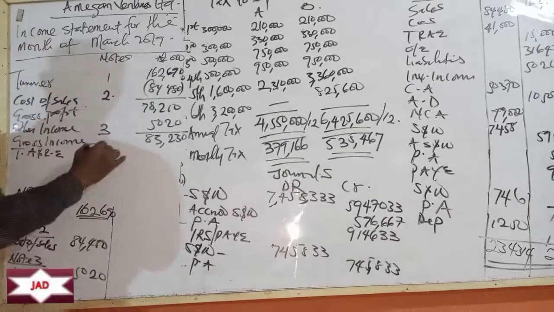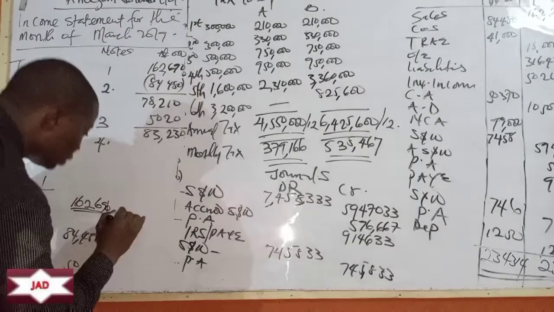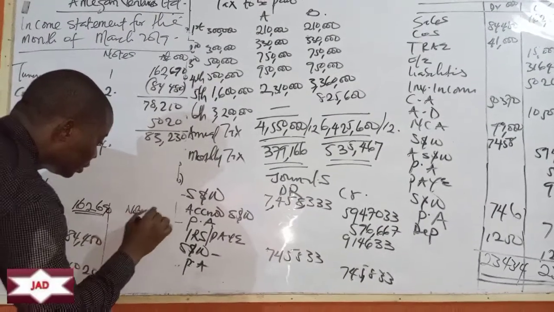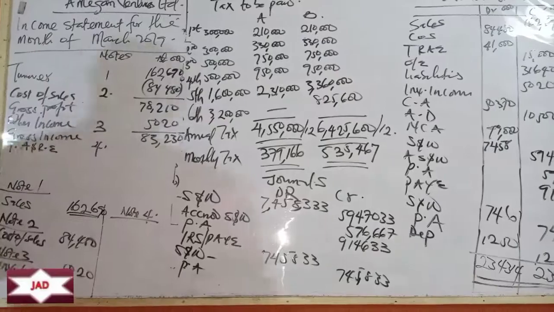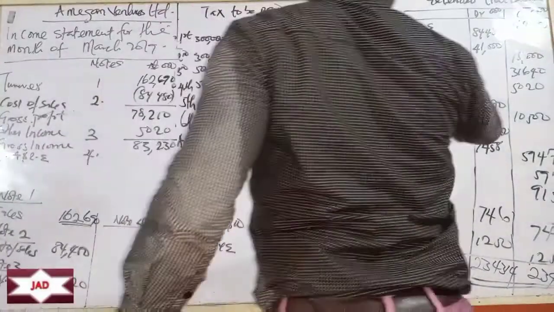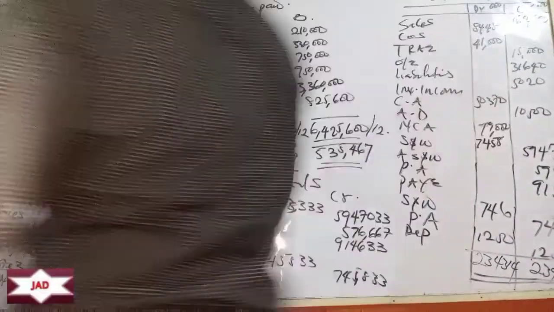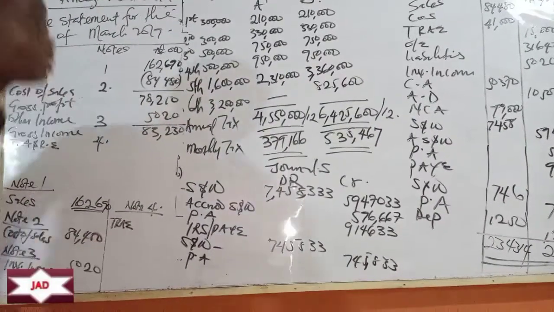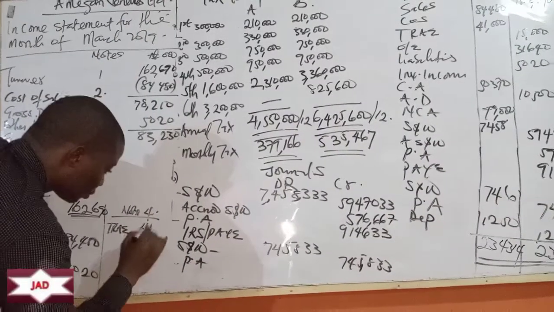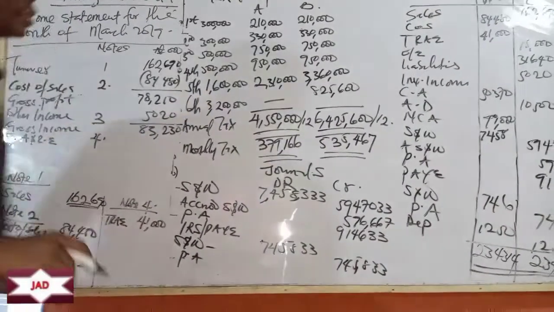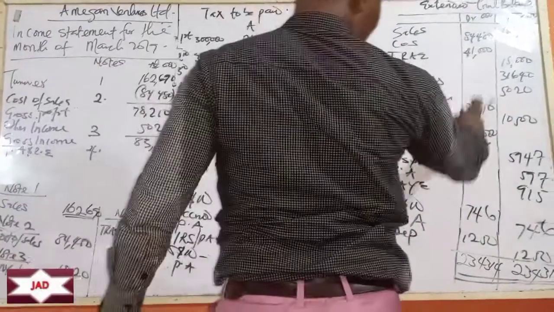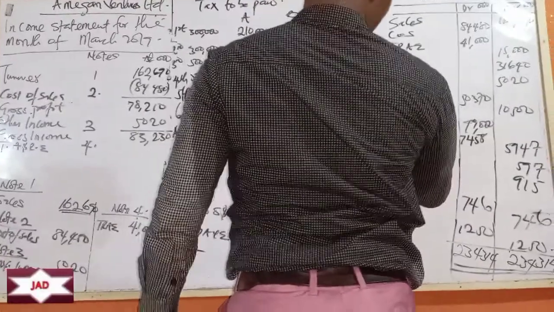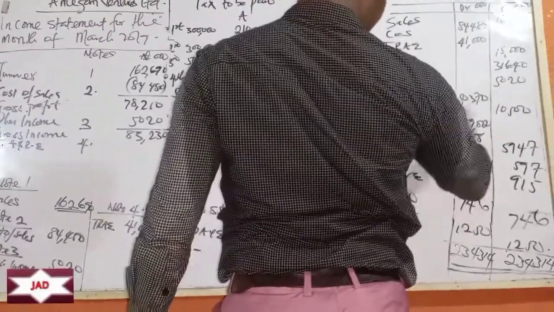So let's go. Total admin and running expense. Let's call that note 4. What do you have? 41,000. So what else is there?